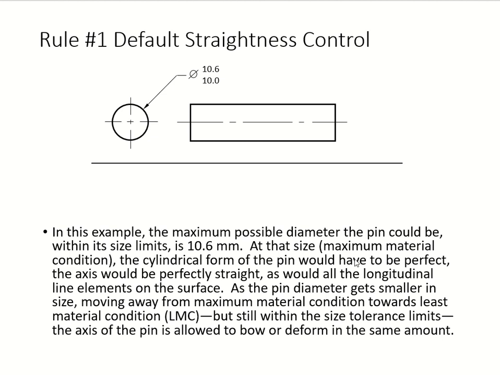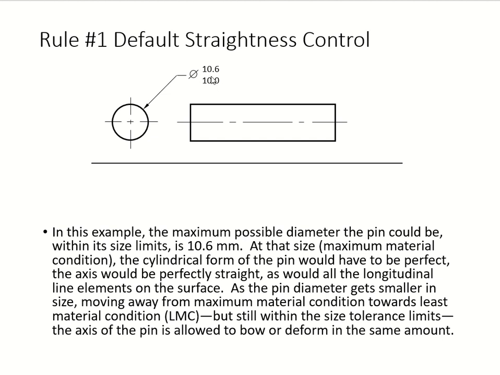So when we say the perfect size, it's answering to the maximum material condition, your value answering to the MMC right there. When your pin diameter goes down from the max, going smaller and smaller in your line elements on that surface, meaning we are moving away from 10.6 and going down towards 10.0. So 10.0 is your LMC, your least material condition.